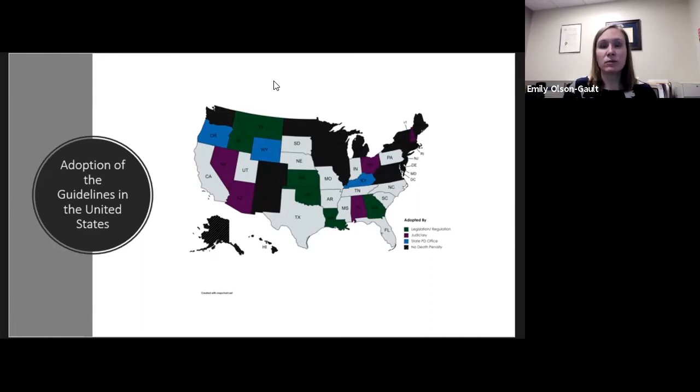So we have these 3 additional states where that has been done. And I will say there are probably numerous additional offices that have done the same, but have simply not made a public statement that they are doing so.